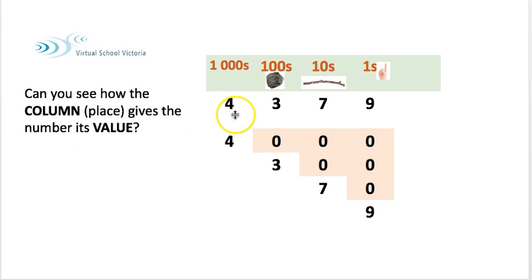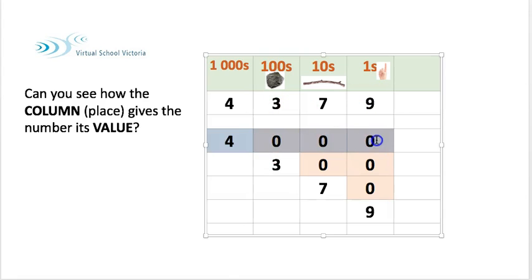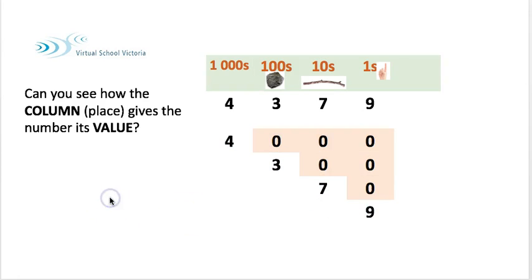So the number 4,379 is made up of 4 thousands, 3 hundreds, 7 tens, and 9 ones. So you can see the pattern. 10 of those is worth 1 of those. 10 of those is worth 1 of those, and 10 of these is worth 1 of those. And this goes on forever and ever and ever.